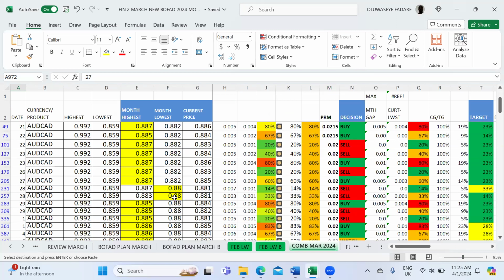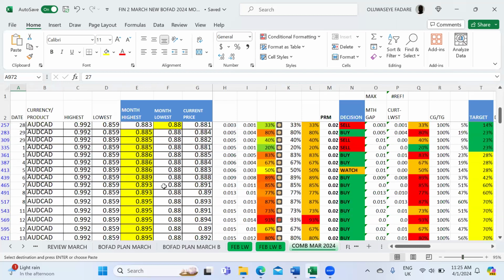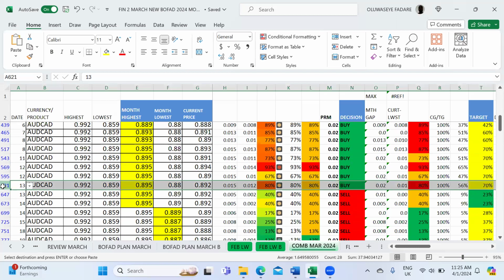Then from 0.88 again, it changed up again to 0.885 upwards, 0.886, 0.893. You can see the movement 0.895 until the 14th.